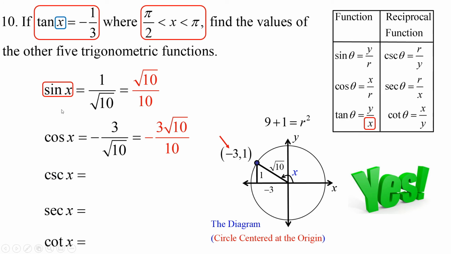Since cosecant is the reciprocal of sine, and note sine was 1 over root 10, then cosecant would have to be root 10. Secant is the reciprocal of cosine. So if my original cosine before I rationalized the divisor was negative 3 over root 10, what's the reciprocal of negative 3 over root 10? That would be negative root 10 over 3. Look how easy that is.